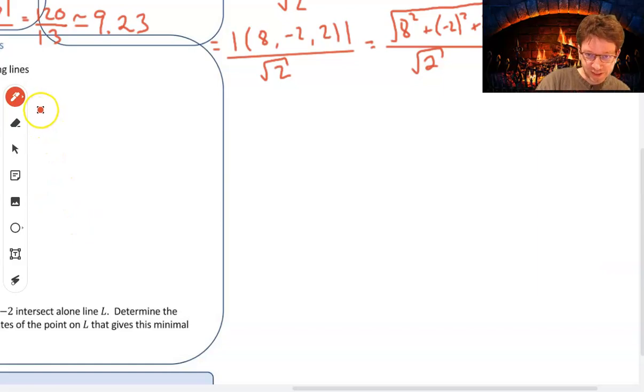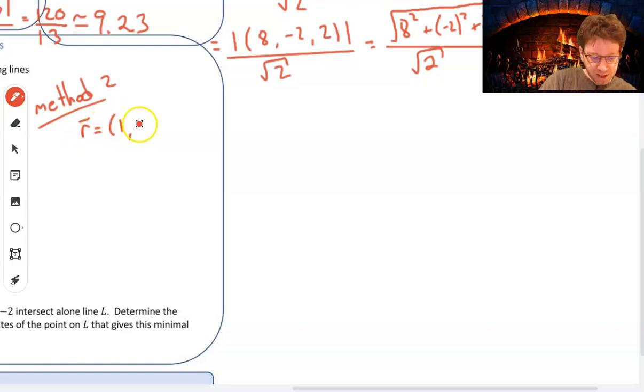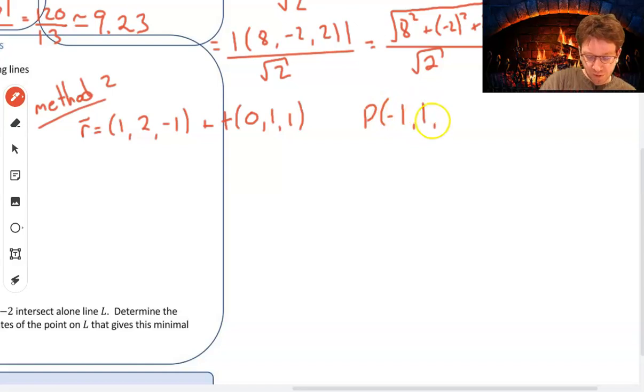I'll use this space here as well. So method 2. I'm going to rewrite what we have up there. So our line is 1, 2, -1, plus t times 0, 1, and 1. And the point is -1, 1, and 6.